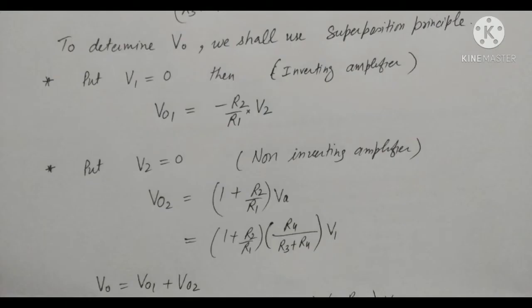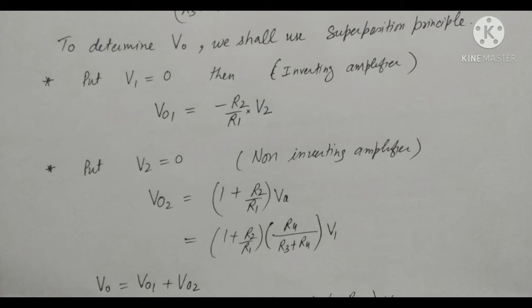Now to determine the value of V output, we shall use the superposition principle. In this principle, as you know, we replace one voltage by ground and use the other voltage to calculate the output voltage, and then vice versa. So let us first put V1 equal to 0.